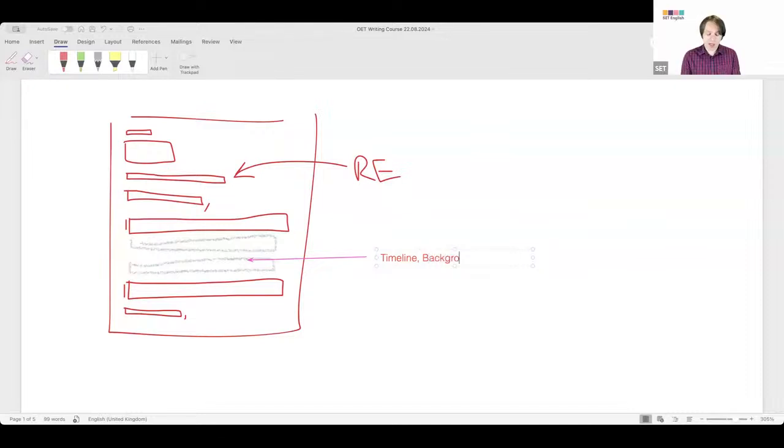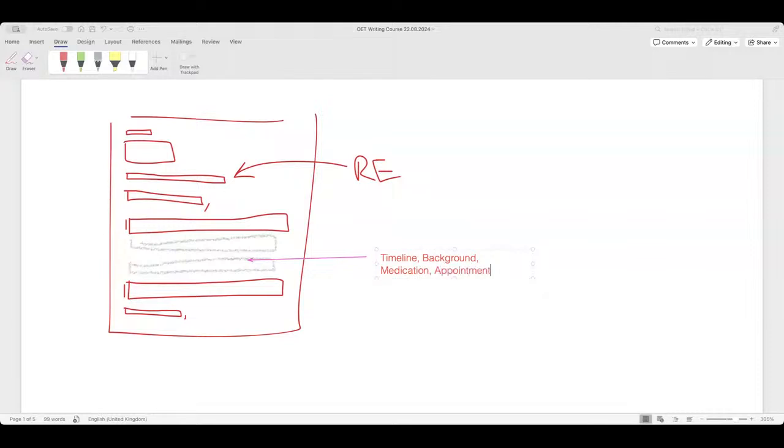Yeah, exactly. What else? Medication paragraph. Treatment paragraph. Appointments. It's usually those four. I mean, you could have another one, maybe something else, but usually these ones.